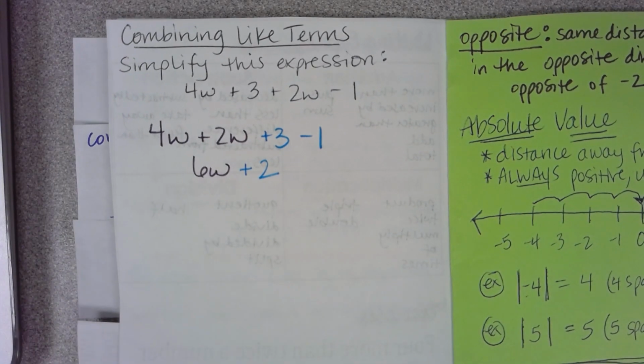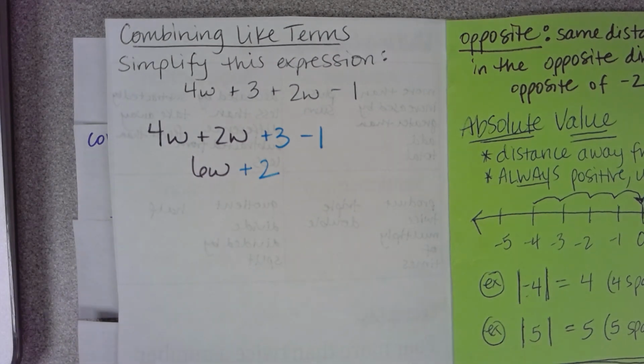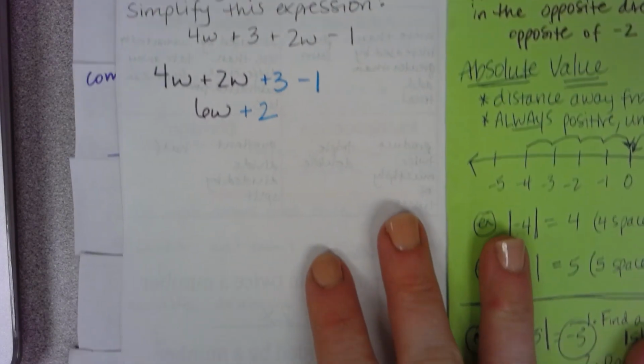Now I want you to think about combining like terms in this sense. Someone gave me this example, and it has made the most sense to me for this whole concept here.